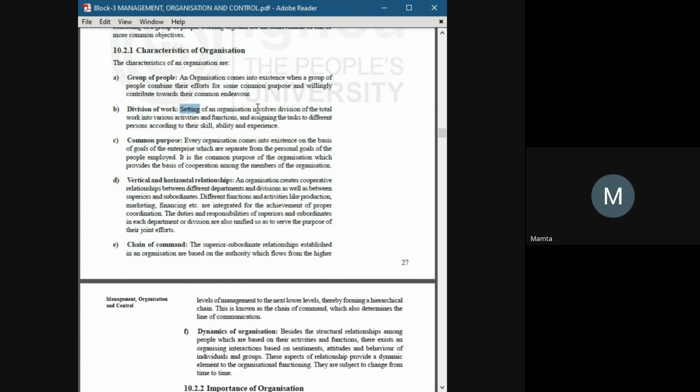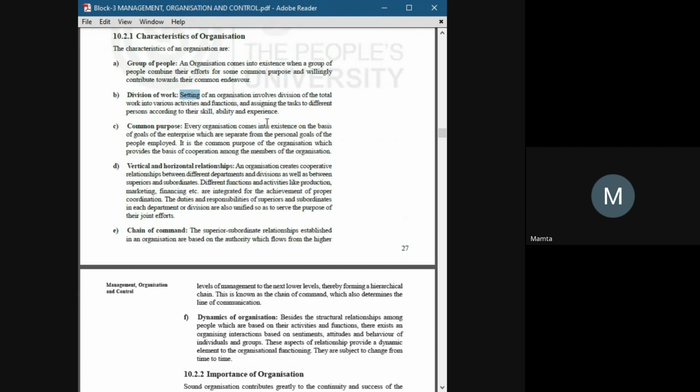Setting up an organization involves division of total work into various activities and functions, and assigning the tasks to different persons according to their skills, ability and experience. We need to produce some shirts. For this purpose we need to divide the work in production, in financing, in sales, in managing. So that's how we divide work or a particular task.